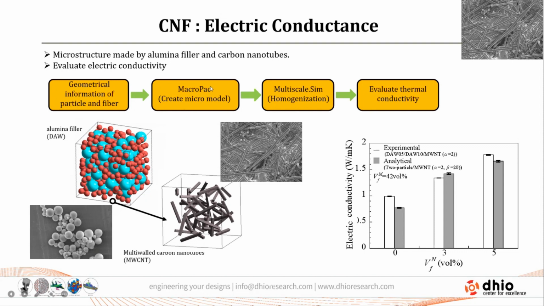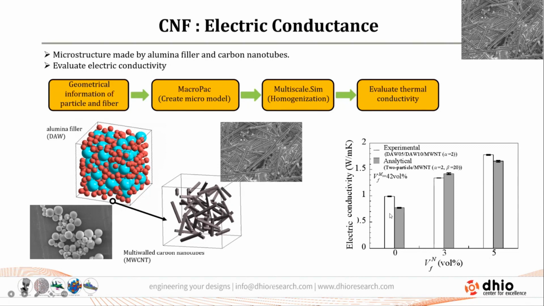Once the micro model is created, the homogenization analysis using the multiscale sim is performed. Then the equivalent thermal or electric conductivity properties can be extracted as a function of the carbon nanotubes.